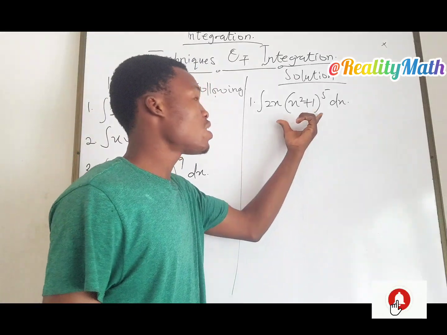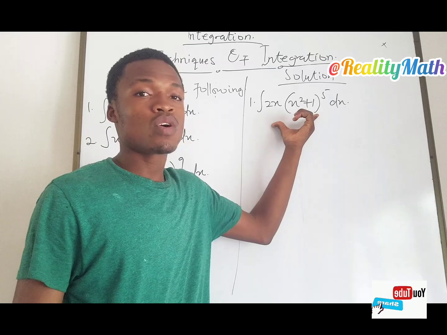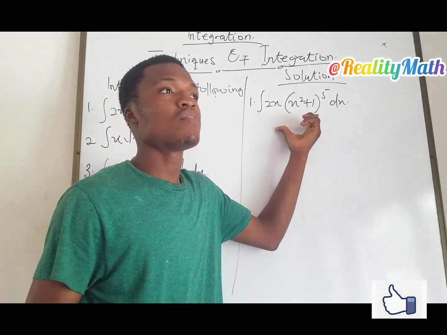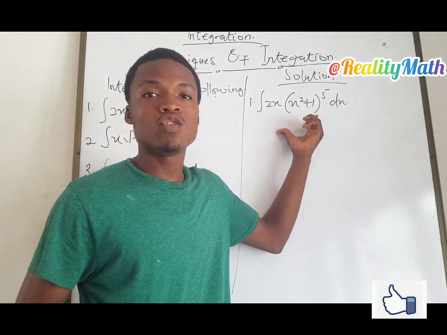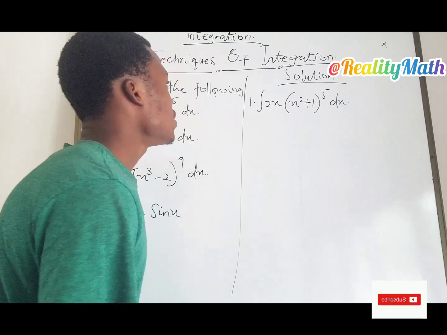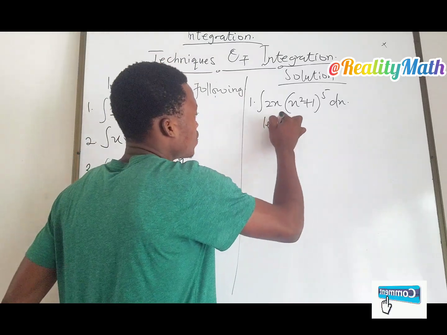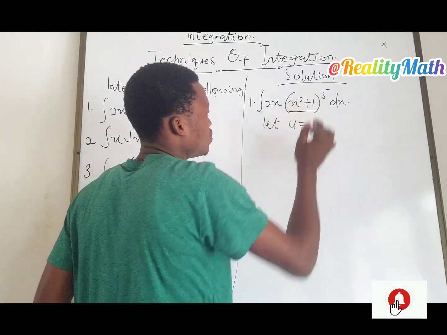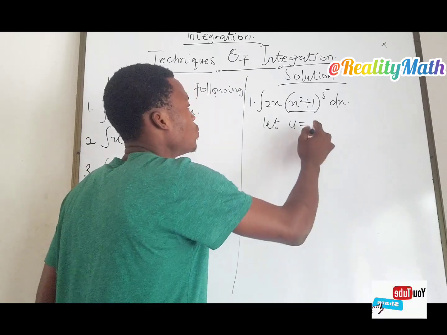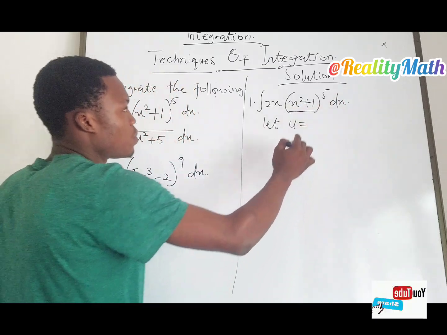It makes it no more complex, or makes it something we already know. So let's make u equal to x squared plus 1.